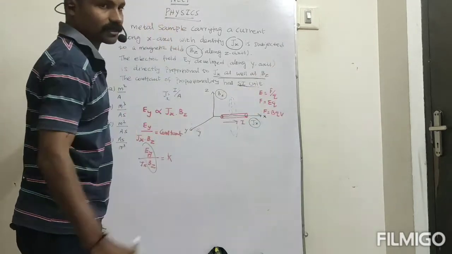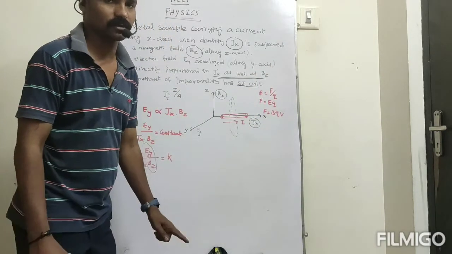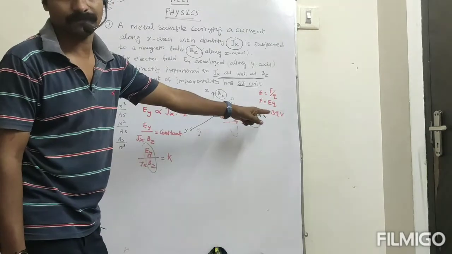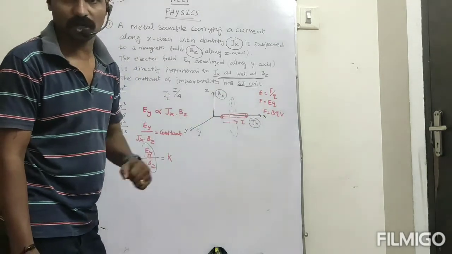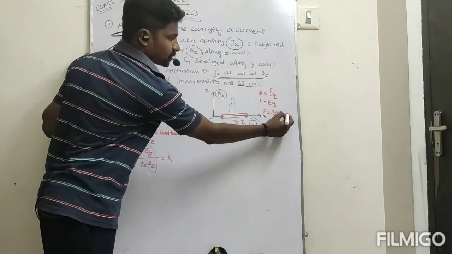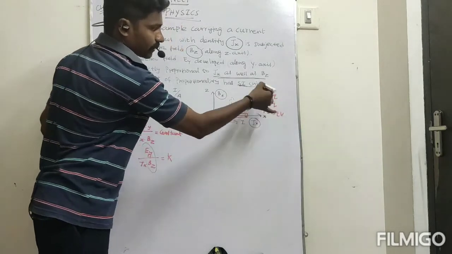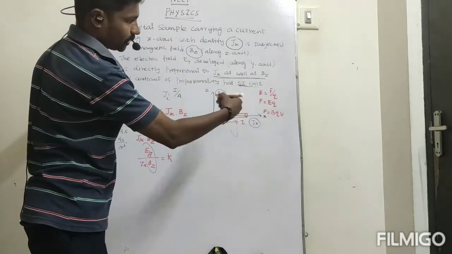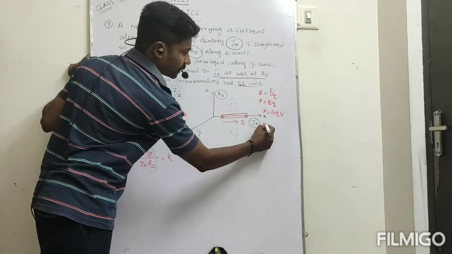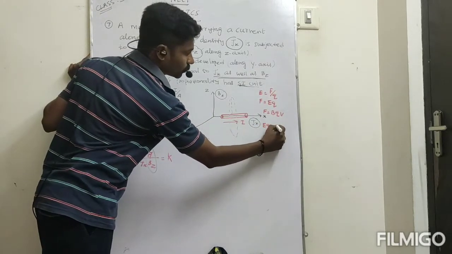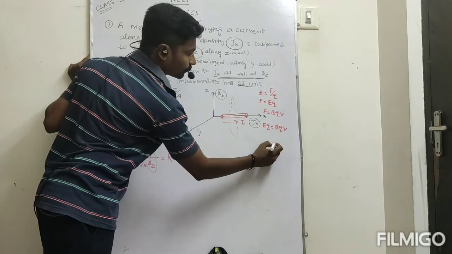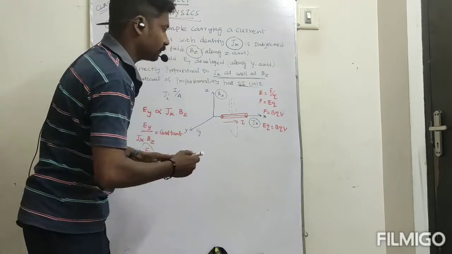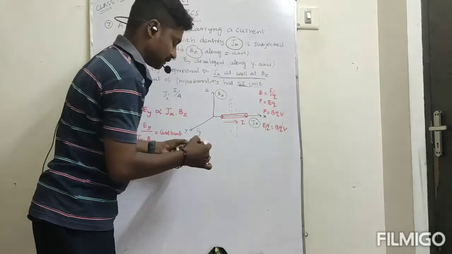This you already studied in 10th standard also, the force experienced by a charged particle. So we can equate these two equations: EQ is equal to BQV. Here Q is cancelled.